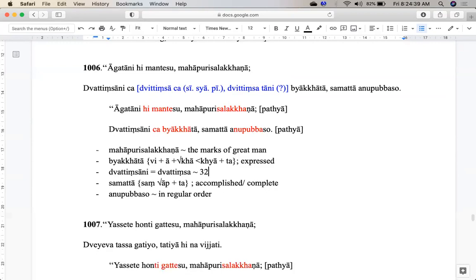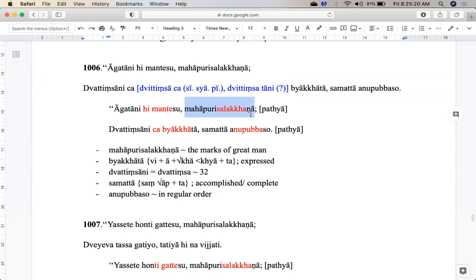Higher numbers, from vīsati or ekūnavīsati and above, are indeclinable. They never change because of gender. But here dvattiṃsāni is with the āni form, which is neuter gender. It modifies mahāpurisa lakkhaṇāni, and lakkhaṇa is neuter gender.